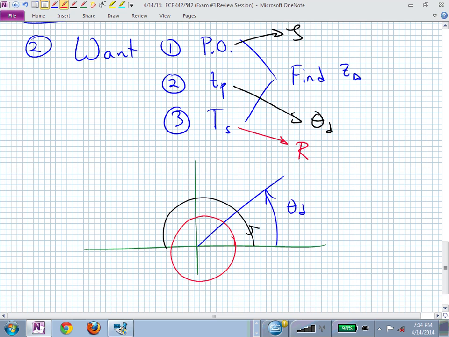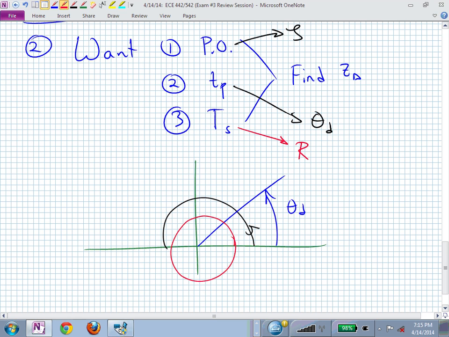If I now want 20% or greater percent overshoot and that settling time, those are inconsistent requirements. You would have to go back and ask, which do you want? Do you want more oscillation or do you want a faster settling time? Or can I make my settling time smaller? Can I expand my circle, my disk?